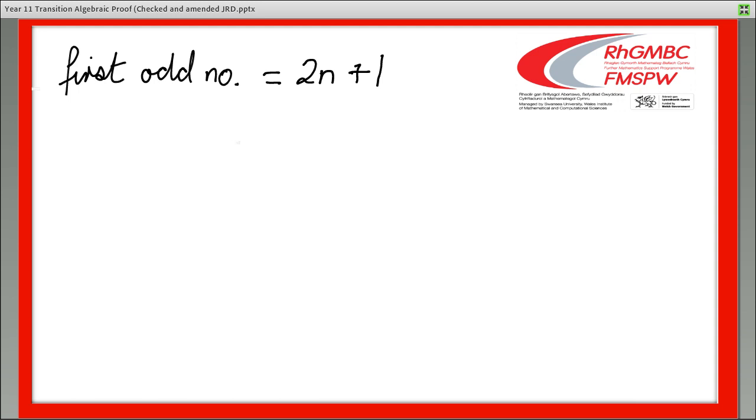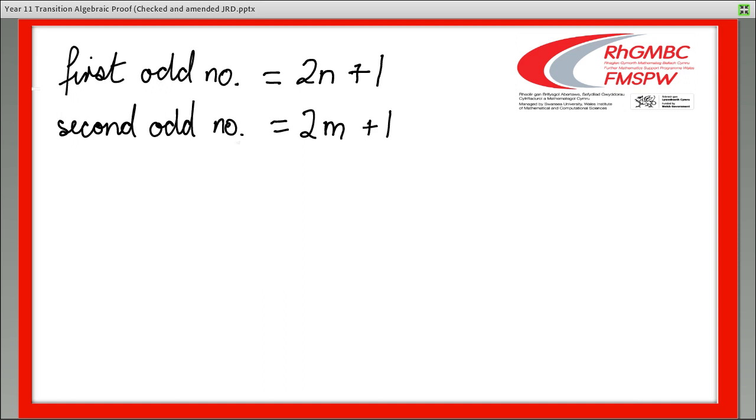Now, with this one, we can't use n again. So we move on 1 letter in the alphabet. We pick a different letter, m, which means we've got a different number to n. We double it and we add 1. So those are my 2 odd numbers.